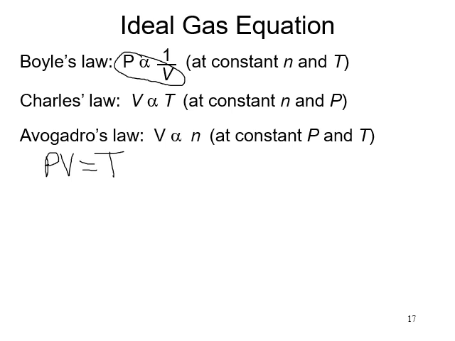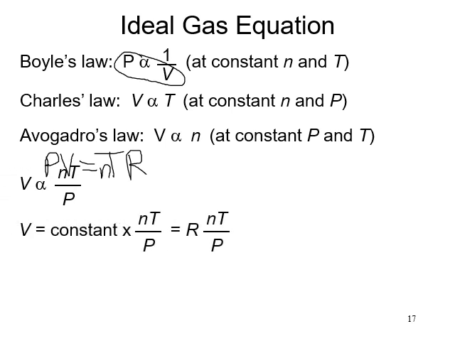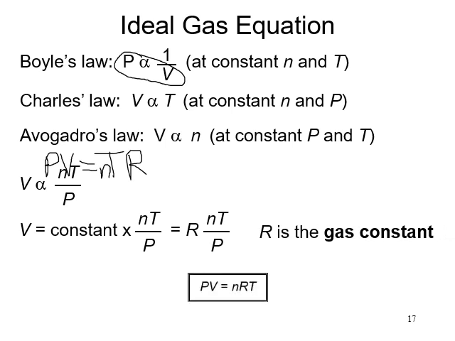Volume is directly proportional to amount, so that has to be on this side of the equation. And the only thing missing here to have an equal sign is this R. So this is PV equals nRT. This slide was going through the same thing, showing how volume was related to temperature and pressure and amount. R is this gas constant.